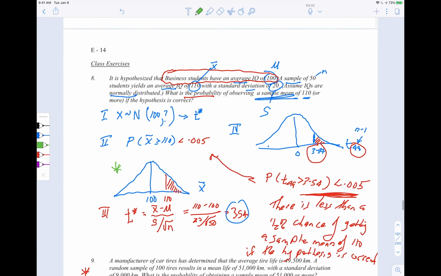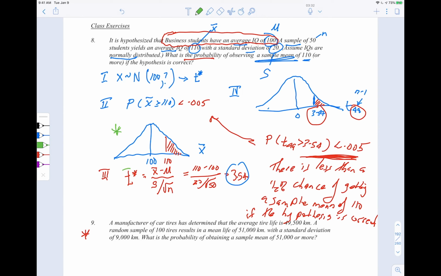And so we used a t formula to get a t value of 3.54, and then we looked that up in the table, and it turned out to be something less than 0.005, so really small, something less than 0.5%.